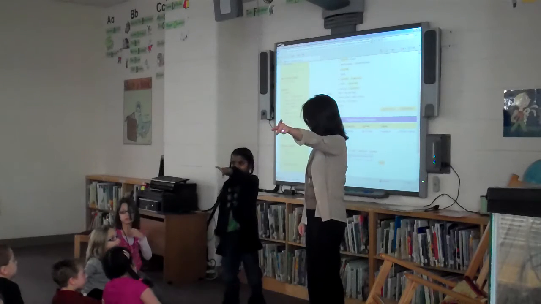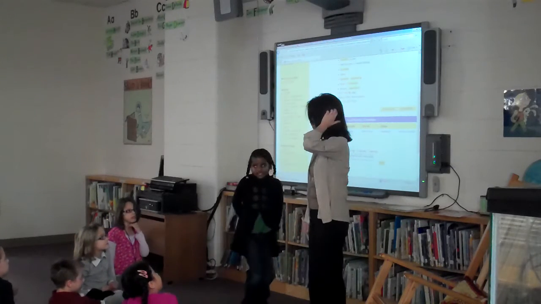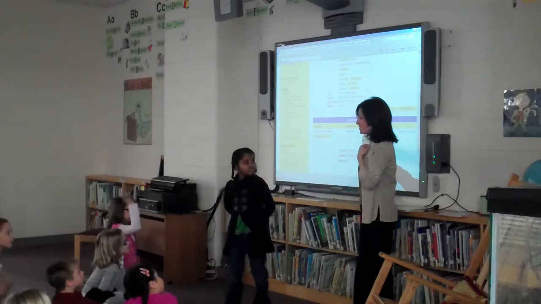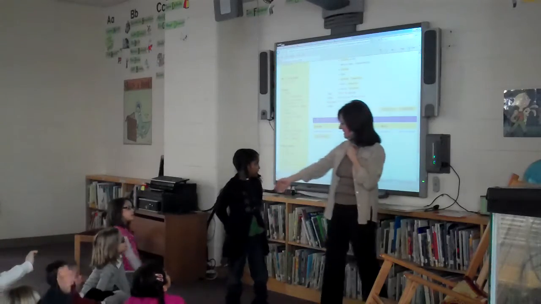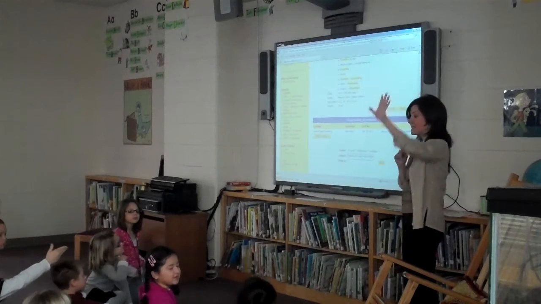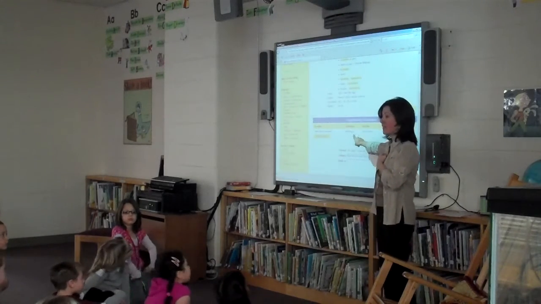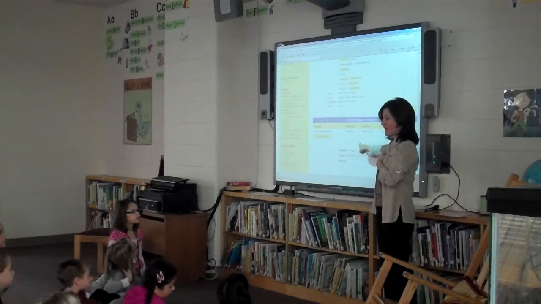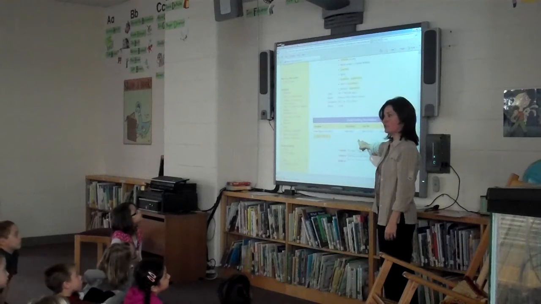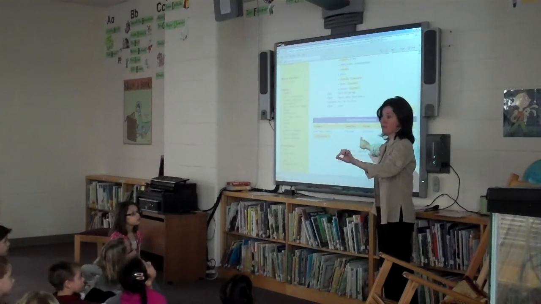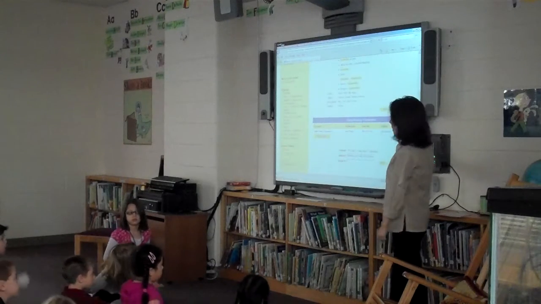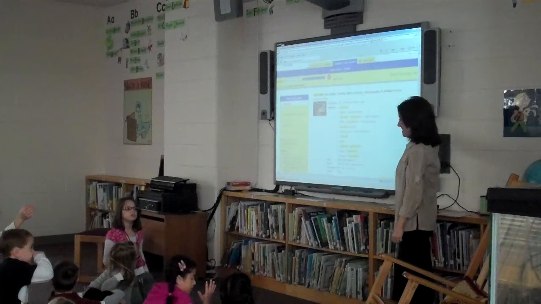Who thinks they know how to find a book in the nonfiction section, using these numbers? Who knows what these numbers are called again? You can have a seat. Call numbers. So we would need to go to that section there and look for, everyone say it together, 595.78 PAS.